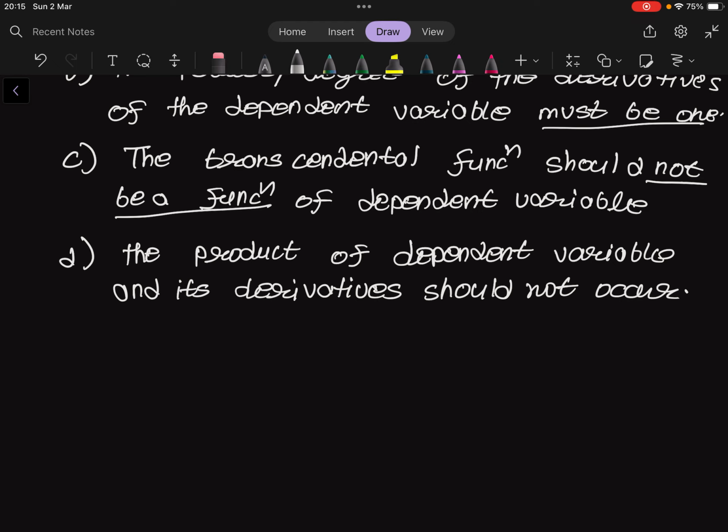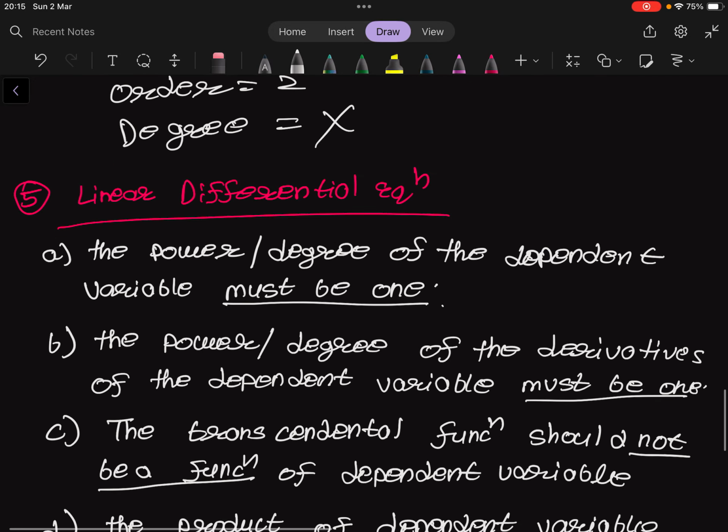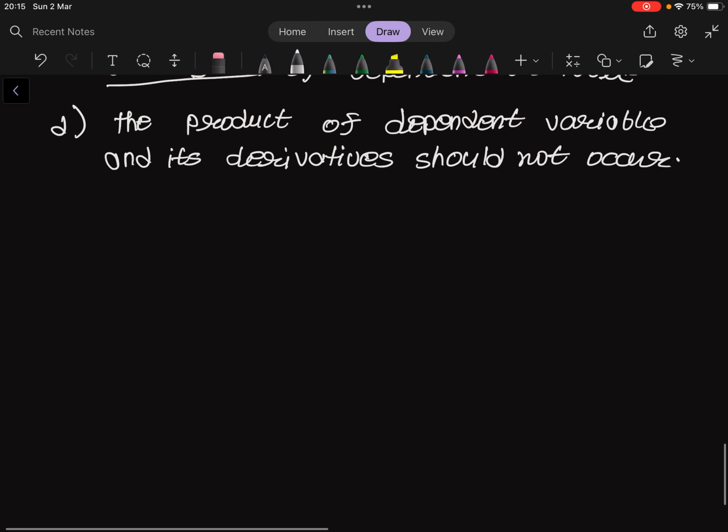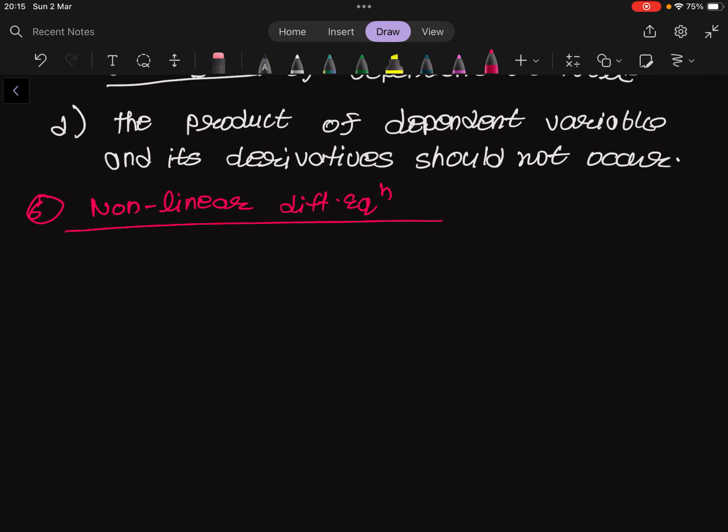Now, what is a non-linear differential equation? Okay, so this was the 5th point. Moving to the 6th point: non-linear differential equation. A differential equation which is not linear, so it's a simple definition.